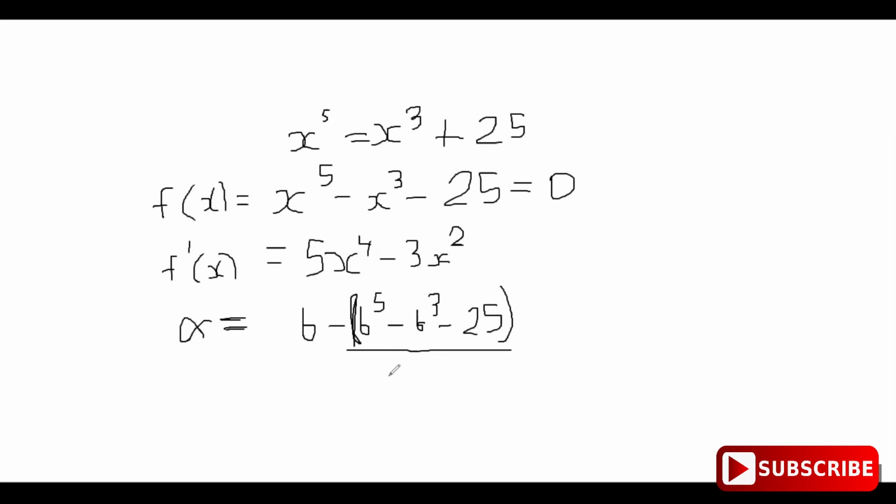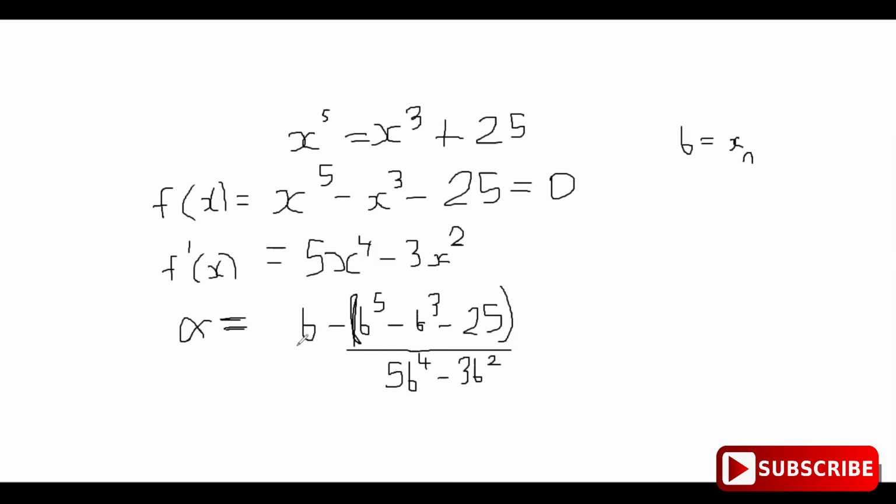Yes, that's true. That's why we're using B. B represents xn, because it's a lot of subscript. And so the denominator is 5b to the 4 minus 3b squared.